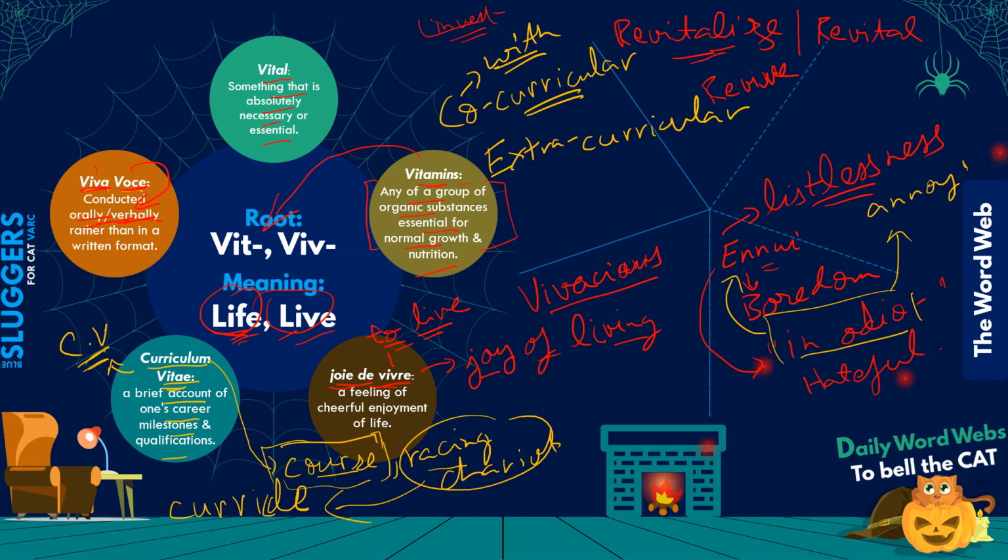Viva voce is not just, by the way, used in the context of exams. सिर्फ exams के context में use होता है ऐसा नहीं है. This is also used in the context of getting a vote on something or getting a consensus on something. Like people might provide their preferences or votes about a certain issue by being part of a meeting, right? अगर कोई meeting चल रही है and if you're asked to, okay, say all those who are in favor of option A, please raise your hands, or please say yes that you're in favor of this, right?